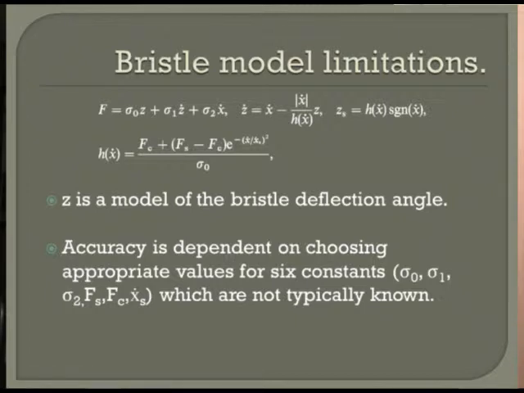But you'll see that in this model there are 6 constants: sigma 0, sigma 1, sigma 2, fs, fc, and x dot s, which have to be chosen accurately to get an accurate model of the friction, but typically you don't know those values, so it's very laborious to try to determine those values.